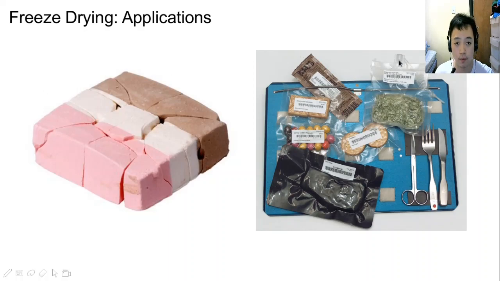If you look at this part, see there's this pouch and there's this tube. This is where the hot water comes in and it rehydrates the freeze dried food so that it can be eaten again. But these are frozen solid, as in they're really dry, they're really hard.